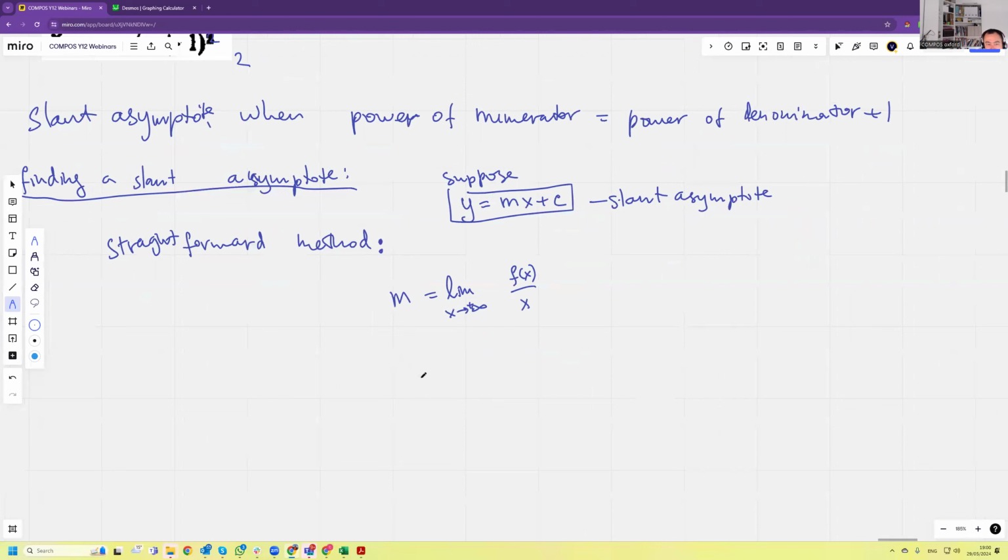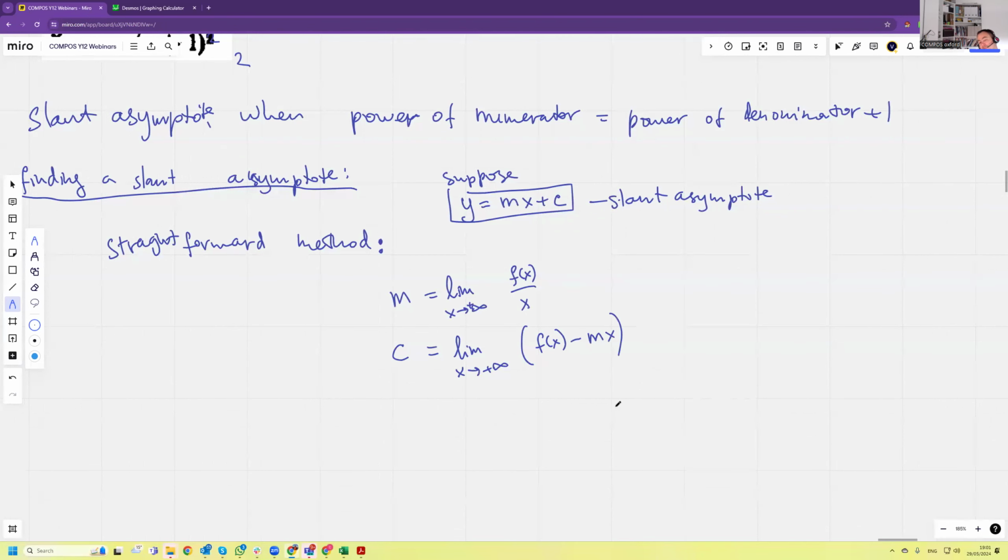And then c is going to be the limit as x tends to plus infinity of f of x minus mx. I think that's it. Let's test this method.